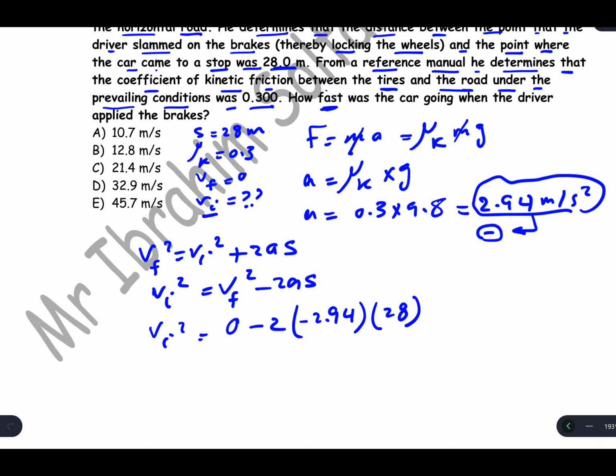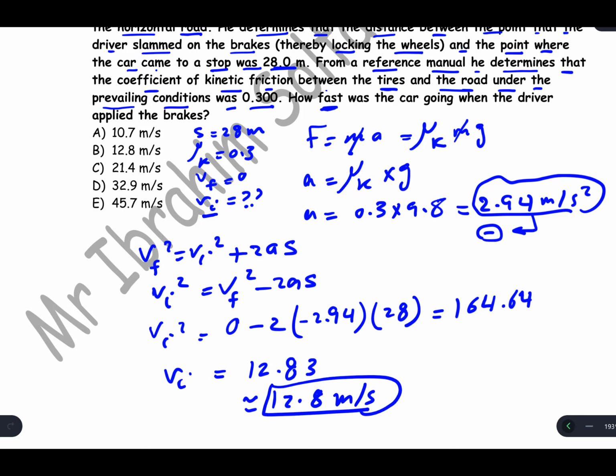Right, guys? So V initial square equals approximately 164.64. So V initial is the square root of this number, which equals 12.83, approximately 12.8 meters per second.